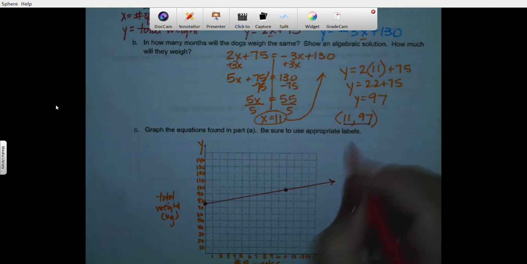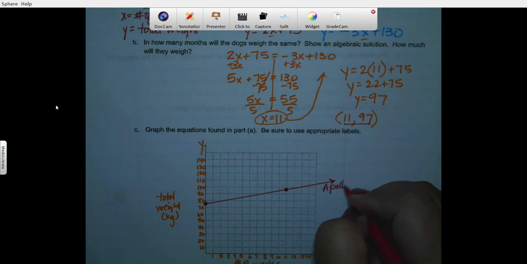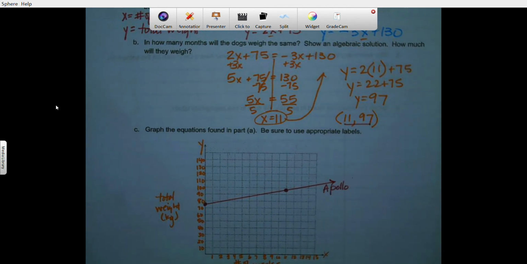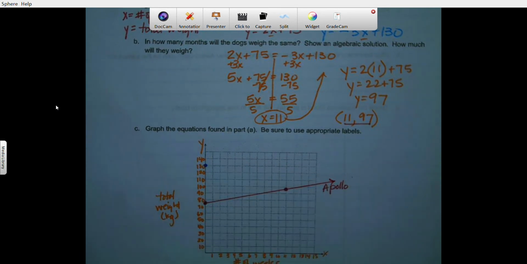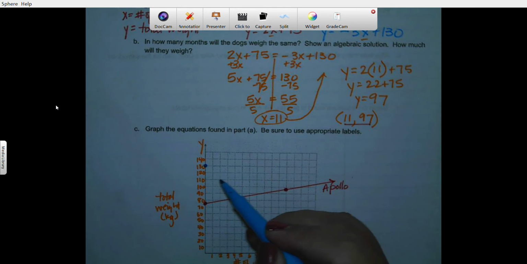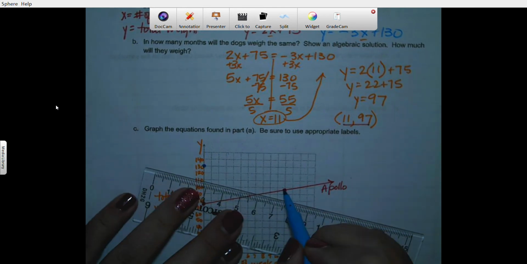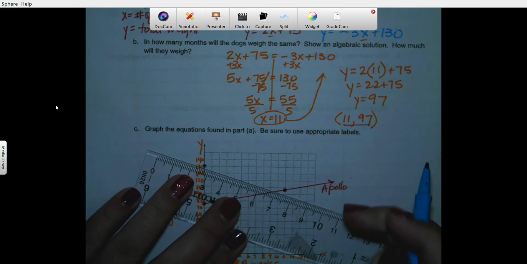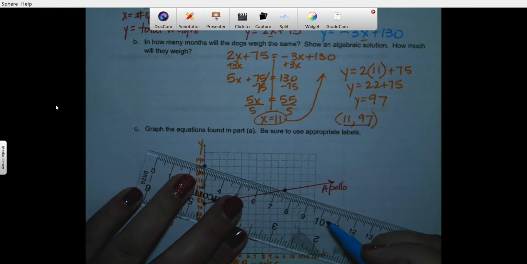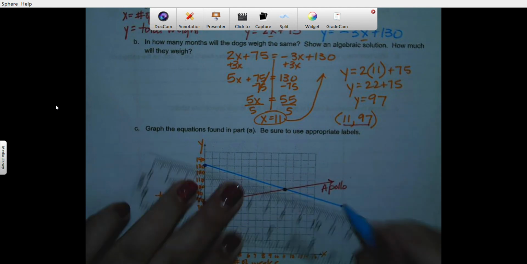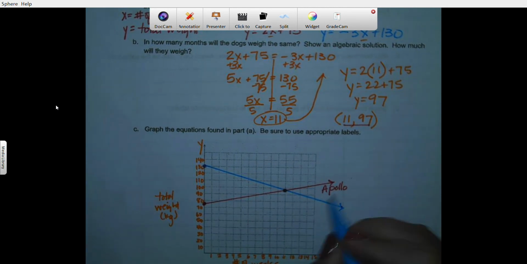Then I'm going to label Apollo. And I'm going to switch colors and go to 130. And it would be really hard to go down 3 over 1, I'd be in between, in between, in between. So I'm just going to use this point where they intersect, because I know that at 11 weeks, they're both going to be at the same weight.